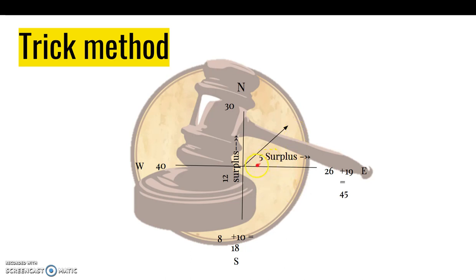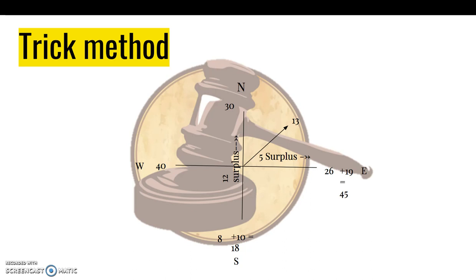Apply Pythagoras theorem. This is 5 square, this is 12 square, would be equal to the square of this. So 5 square plus 12 square is equal to 169, which is 13 square. So our answer would be 13. Okay. So this method is very simple. Just try out more and more questions and then you will be really comfortable with it.